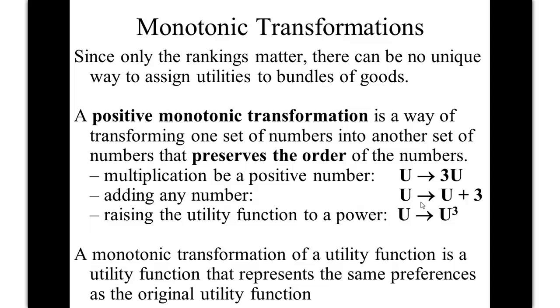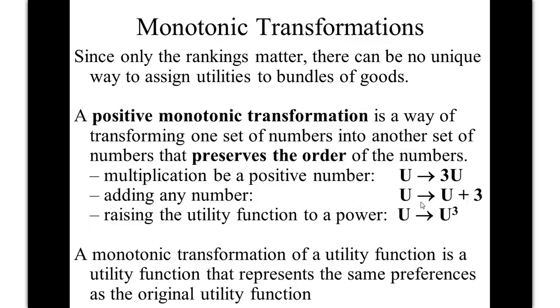For individuals, we don't have a single utility function because it's the order that matters. So what happens with utility functions is that you can undertake what's called a monotonic transformation. And that simply means you don't change the ordering. So since only the rankings matter, there can be no unique way to assign utilities to bundles of goods.